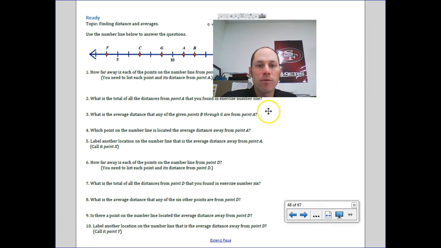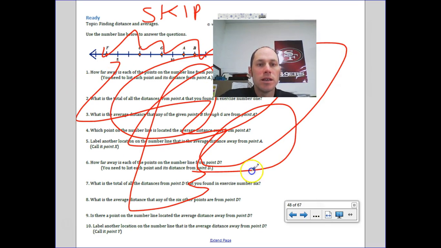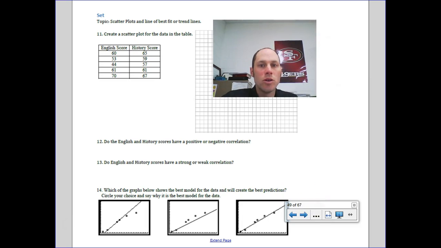So that's all the time we have for that. In your homework problems, I'd like you to skip problems 1 through 10. There's some typos there in this graph here. So let's just skip all this. And you can do the scatter plot and try to find your line of best fit for 11 through 14 here.